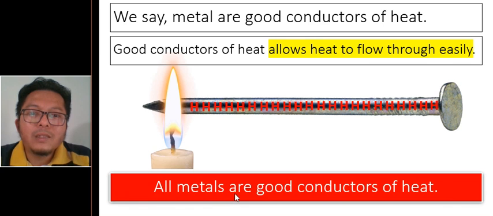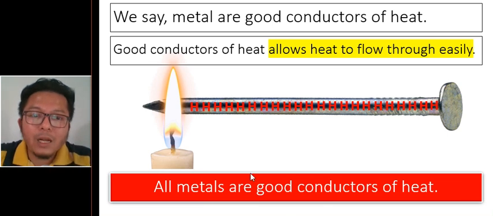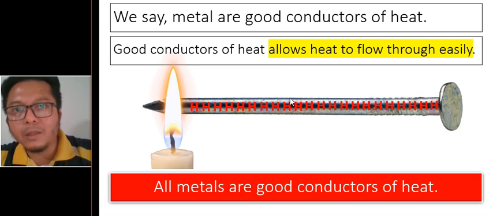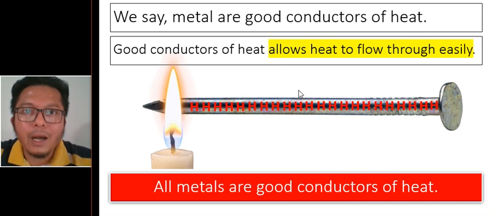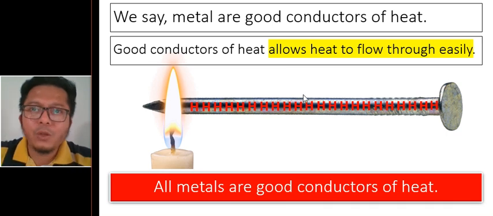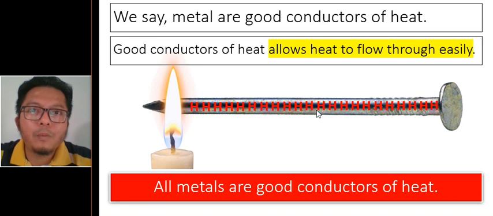All metals are good conductors of heat. Metals allow heat energy to move easily. Now remember, all metals like steel, iron, gold, aluminium, copper, and many more are good conductors of heat. Simple. Metal, good conductors of heat.